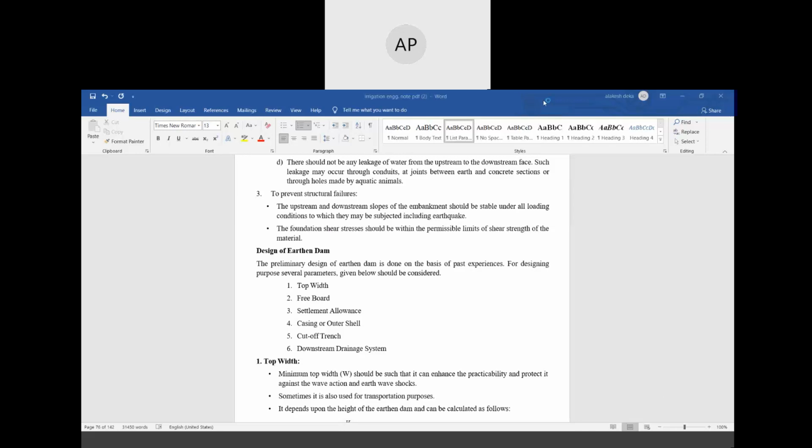What are the parameters of design of earthen dams? Top width, freeboard, settlement allowance, casing or outer shell, cut-off drains, and downstream drainage system. These are the six parameters we require while designing an earthen dam.